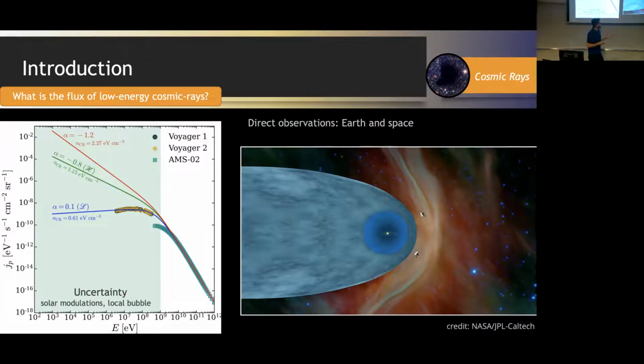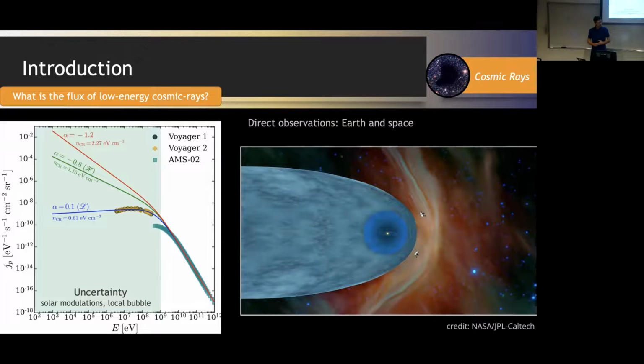For example, there might be a possibility of a bow shock as the solar system sweeps into the interstellar medium of the galaxy, as well as effects on larger scales. We know that the solar system is embedded in one of these voids that we just talked about, called the local bubble. So basically what I'm trying to say is that Voyager, while very useful, is not providing us the real interstellar spectrum of cosmic rays. It gives us the local spectrum, but not the typical spectrum we expect in the interstellar medium of our galaxy.